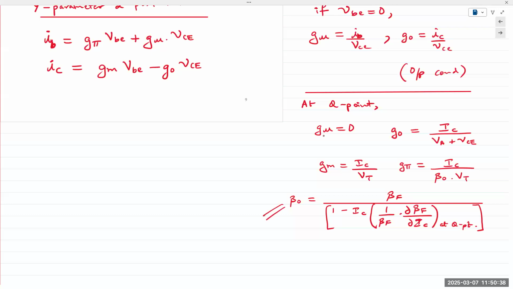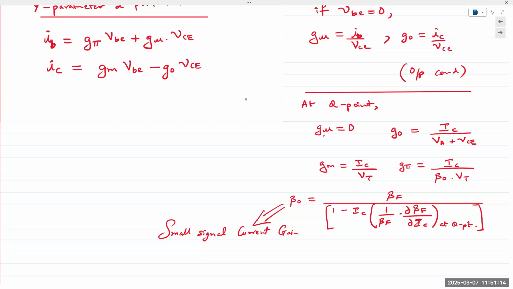This beta O is the small signal current gain. So if you bias a transistor at a certain Q point, whether it's in the active region or wherever, then the beta for the small signal at that Q point can be determined from this equation.